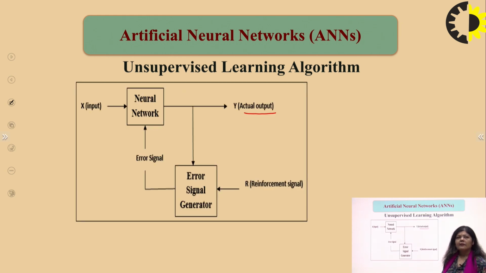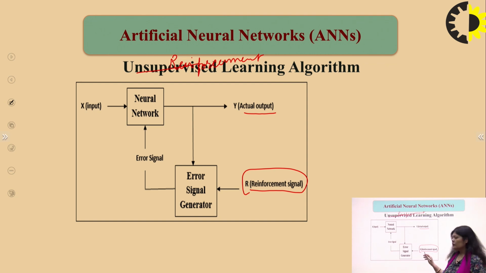Now we have reinforcement learning, which is called the third type of learning. In reinforcement learning, we do not have the desired output, but we have a certain reinforcement signal with us. And this reinforcement signal helps in guiding whether the learning is going in the correct direction or not.